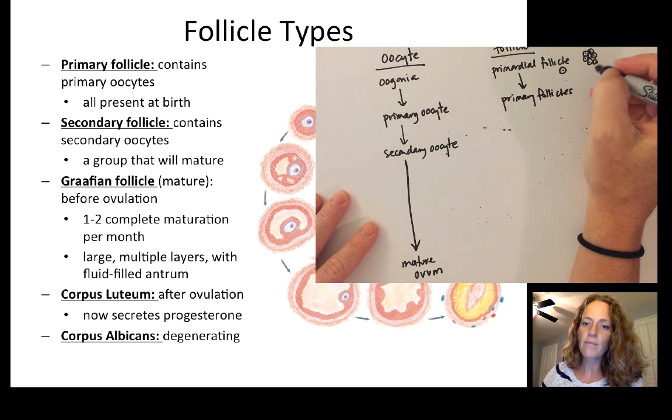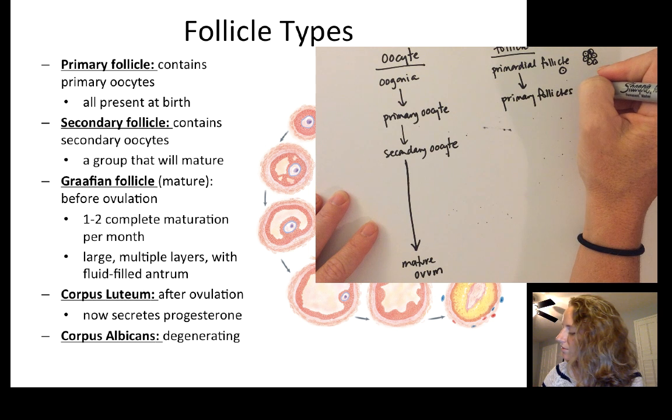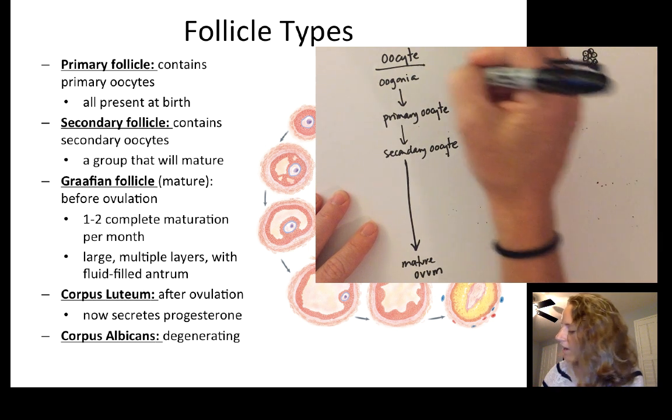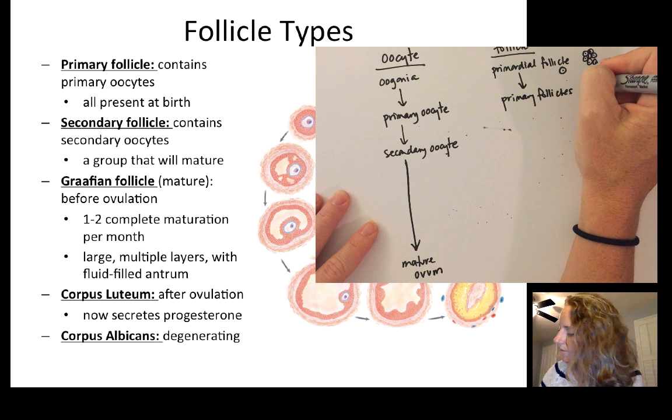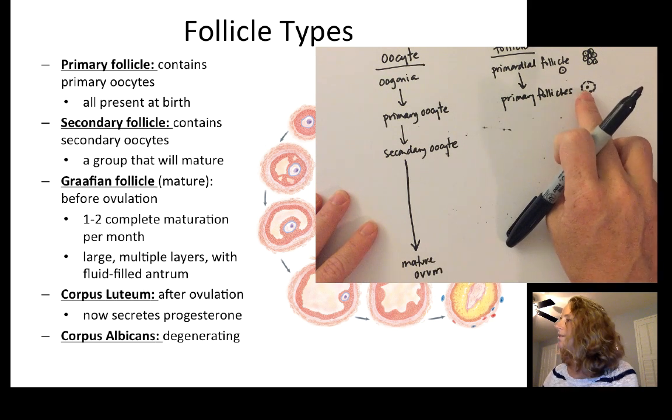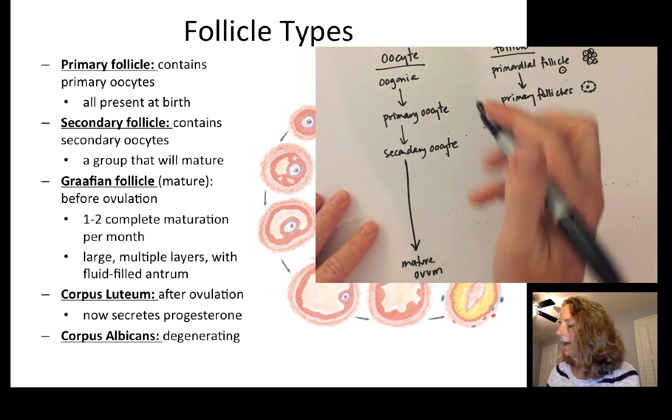So the primary follicle begins to get a little bit bigger. There's an oocyte, and it will be surrounded by a larger set of follicle cells. I want you to notice that I'm drawing the oocyte as a black dot.